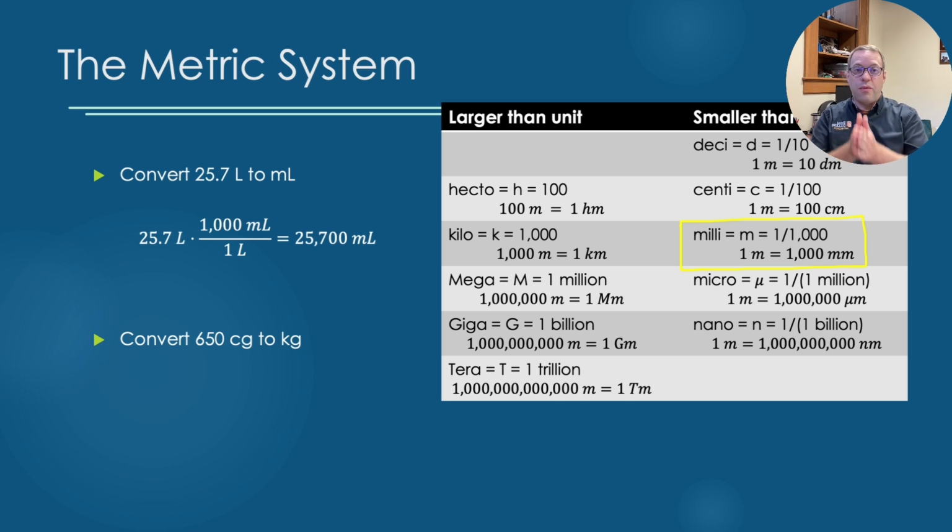Okay, this other one, we're going from a small prefix back to the base unit. Actually, no, we're not. I apologize, I didn't read it. I should read it first. Convert 650 centigrams to kilograms. Now, there are two ways to do this. We can go from a small unit back to the base unit, and then from the base unit to a large unit, or we can combine them into one step.